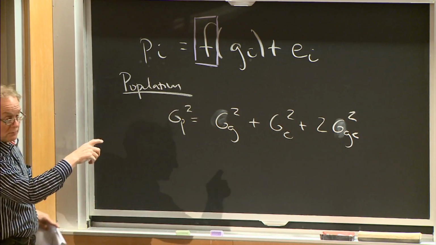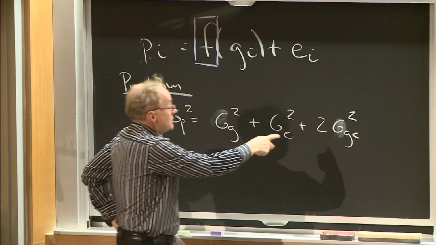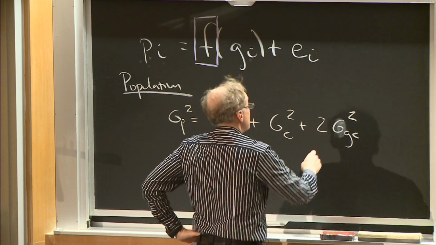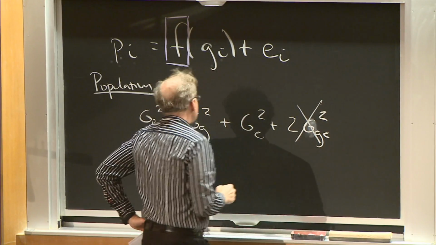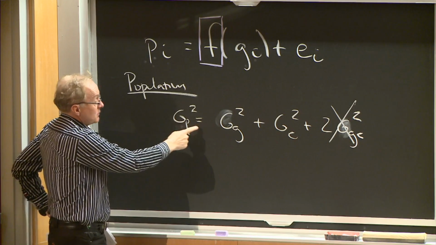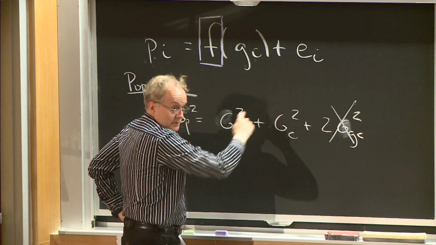And we're going to assume, as most studies do, that there is no correlation between genotype and environment. So this term disappears. So what we're left with is that the observed phenotypic variance is equal to the genotypic variance plus the environmental variance.